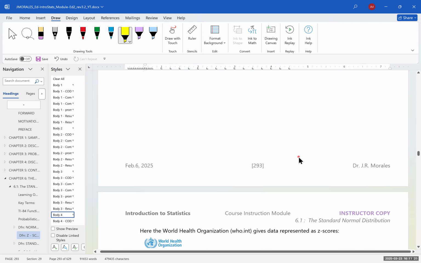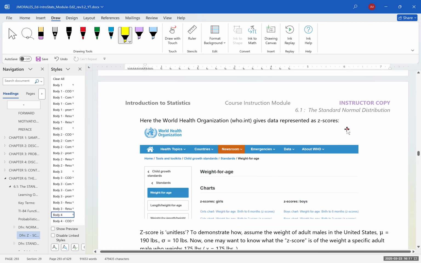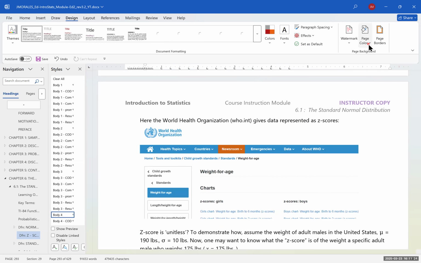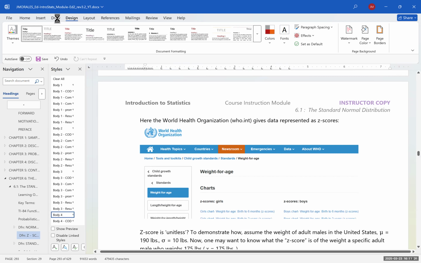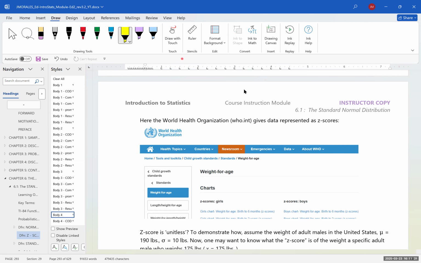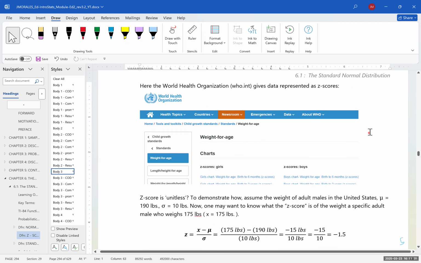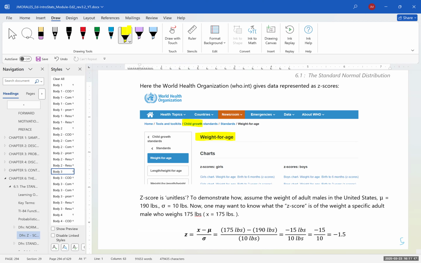Z-scores are used in a lot of different places, and I just found one such example, and that was with the World Health Organization. I was just looking at some of the data they had on child growth, and they had data on weight versus age.